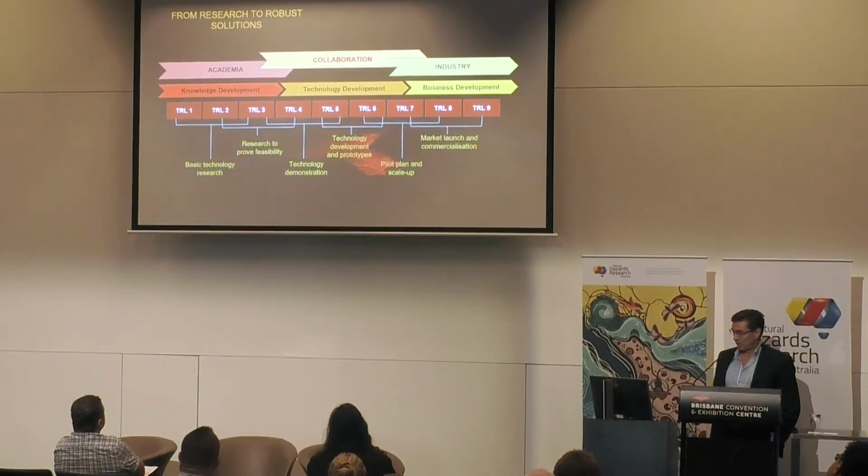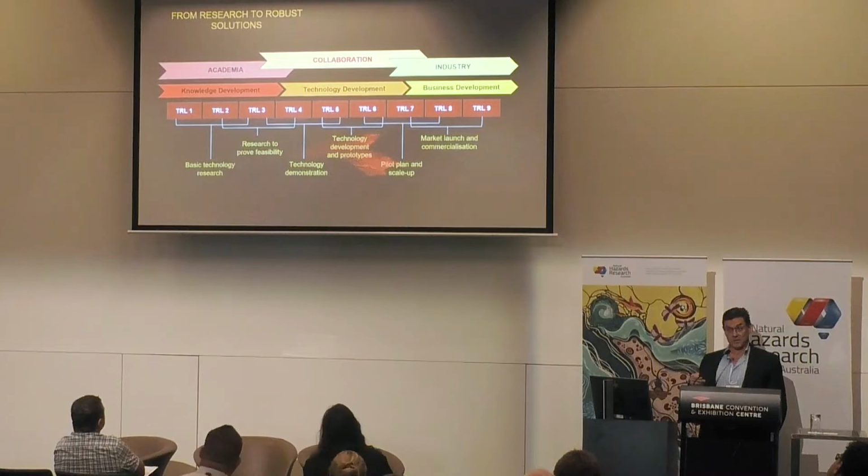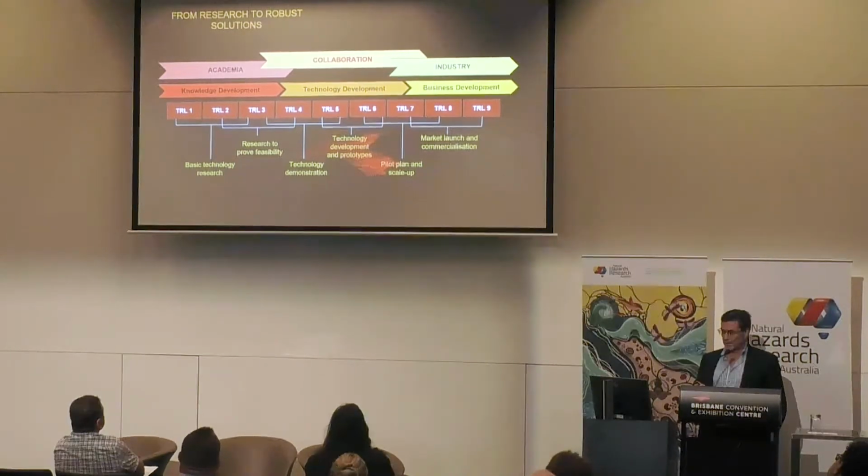Now, I think one of the things when we refer to emergency services or the adoption of technologies is that we need to move away from this into more of a systems readiness approach. The reason I believe that is because if you take the example of a mobile phone and a headset, both of those technologies are technology readiness level 9.